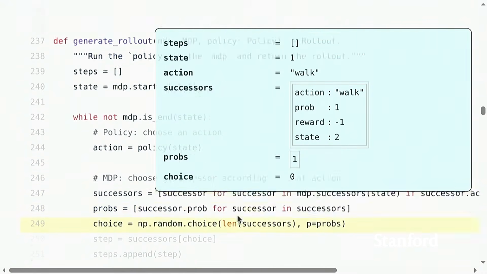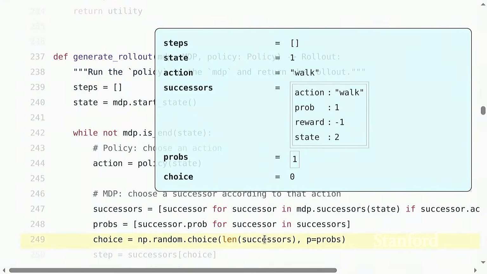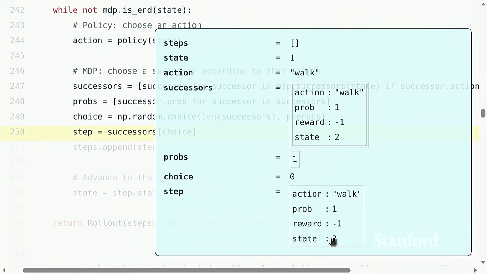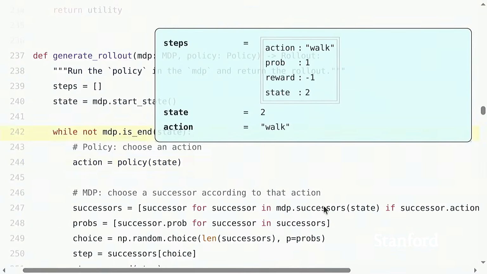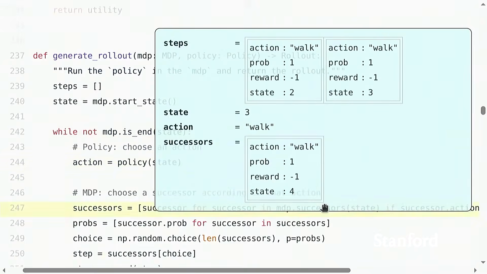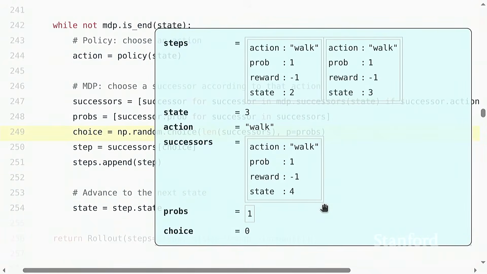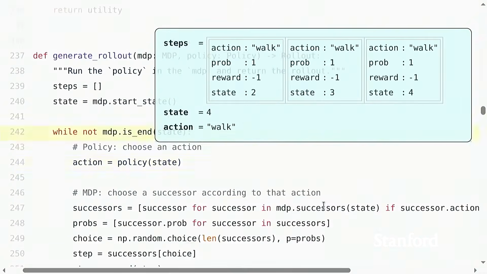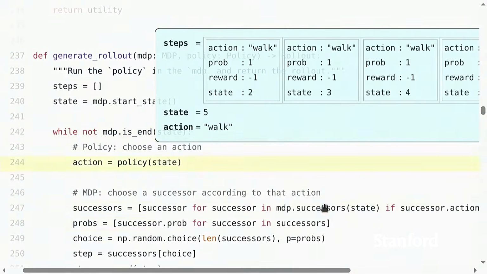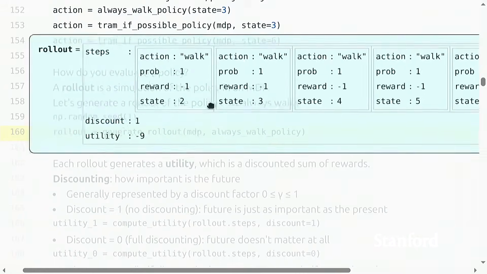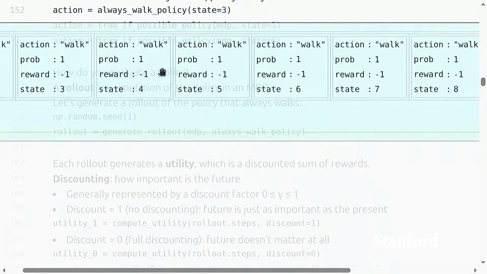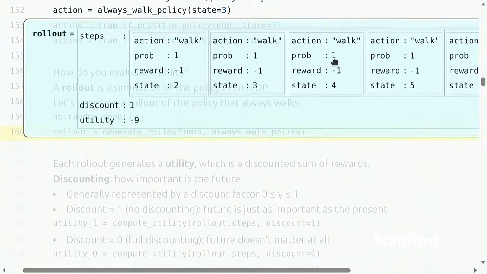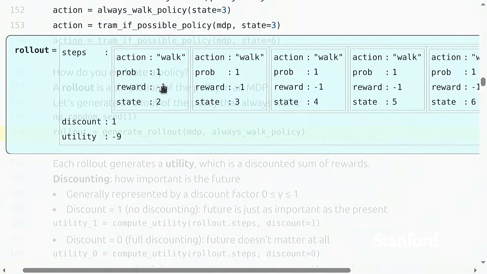I sample a successor according to the probabilities, and that's my step. In this case this is somewhat boring, because sampling from one choice is just choosing that option, but you can see how this algorithm goes. At the end, I get a sequence of walk actions, and each action has a reward.